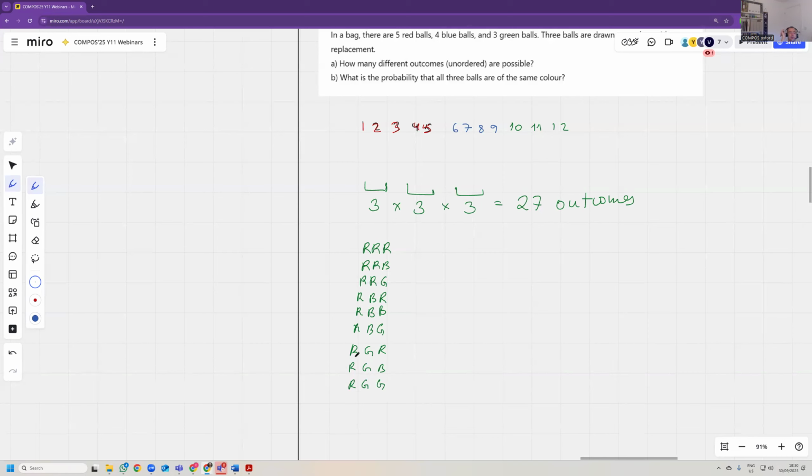Okay. The problem with this method is that some of them are identical because the order doesn't matter. Sorry, I made a mistake here. It's not 27.